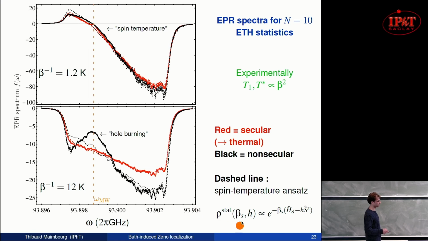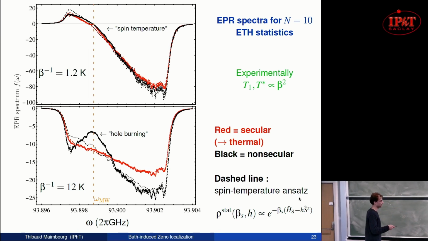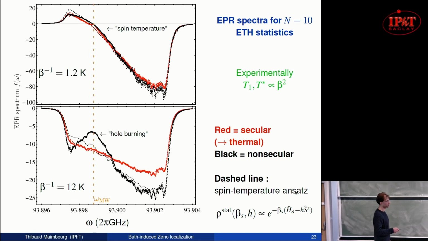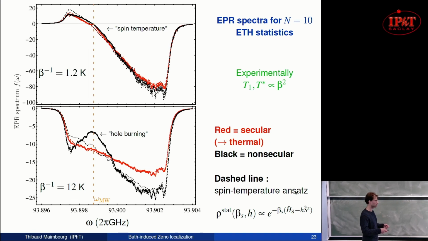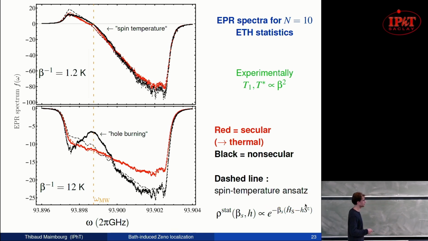You have some temperature beta S, the so-called spin temperature. And since polarization is also conserved, you have another quantity, basically a field. So this is your Gibbs ensemble you should flow to if you are thermalized. Obviously the two parameters will depend on the microwaves, so the whole game of DNP is to minimize this temperature here.